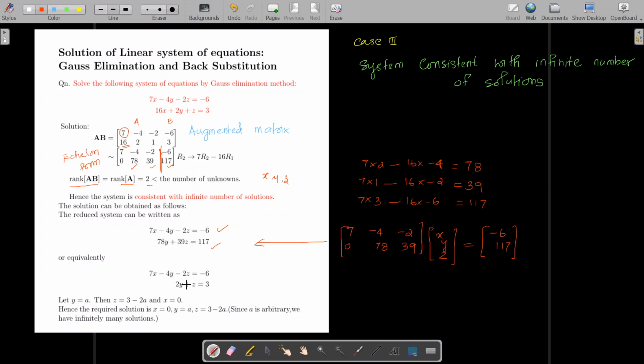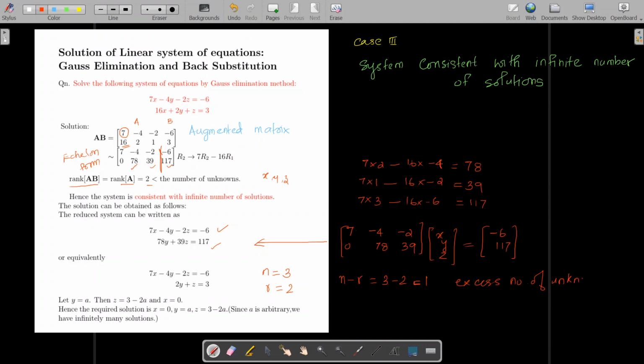So now we have these two equations in 3 unknowns, and as you know, the number of variables is 3 and the rank is 2. So we have n minus r equal to 3 minus 2 equal to 1 excess number of unknowns. So this is the excess number of unknowns.